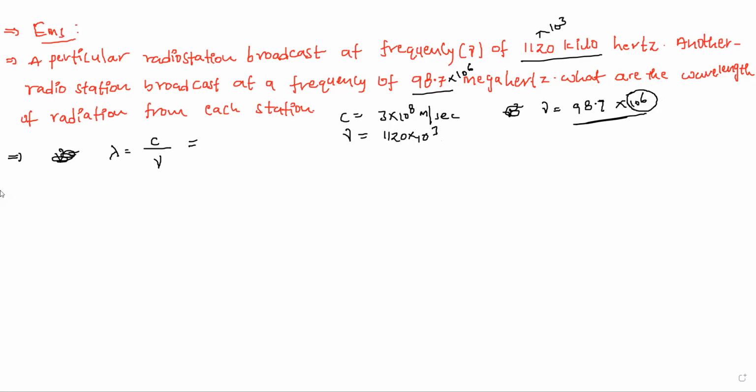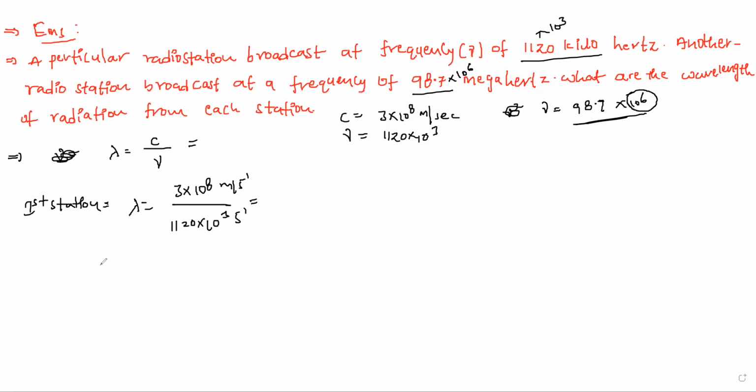Now solve this one for first station. What is the wavelength of our first station? 3 into 10 to the power of 8 meter per second by 1120 into 10 to the power of 3 per second. Now calculate this one.